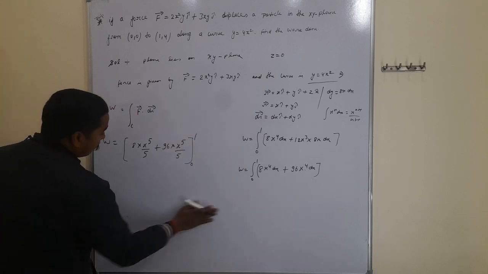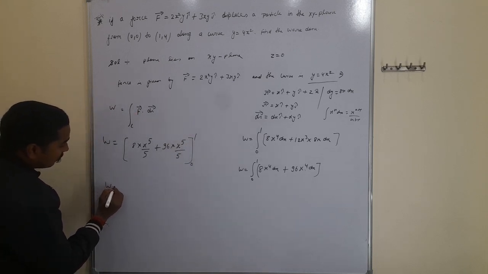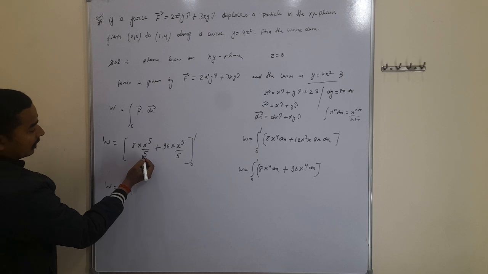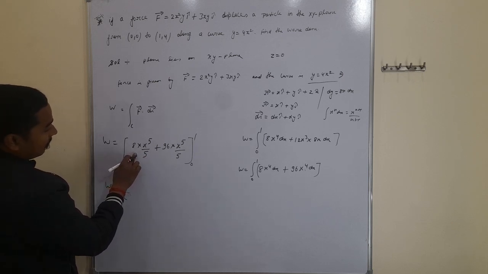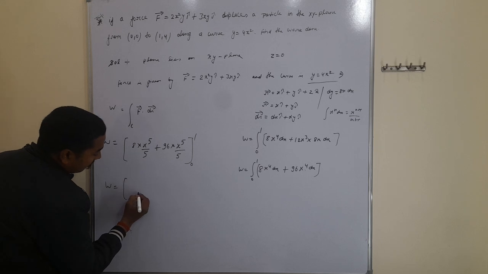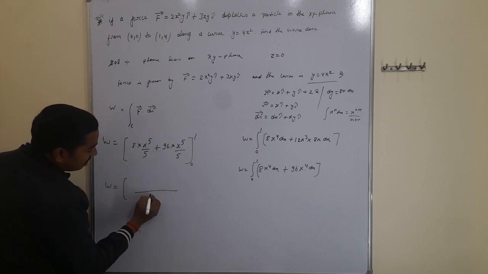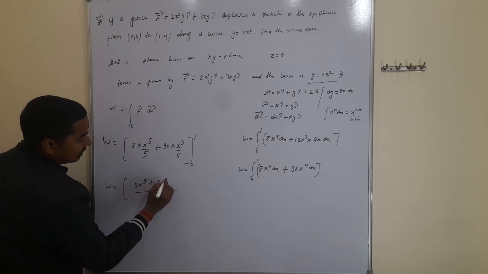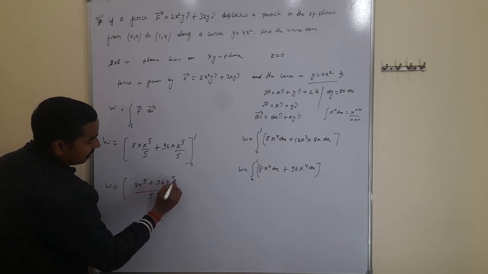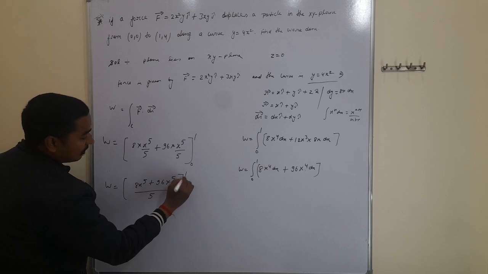Taking the LCM 5 in the bracket, we get 8x⁵ plus 96x⁵, limit 0 to 1.